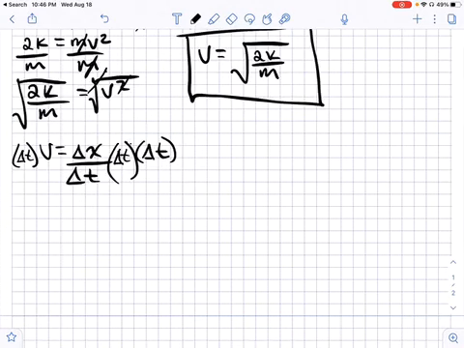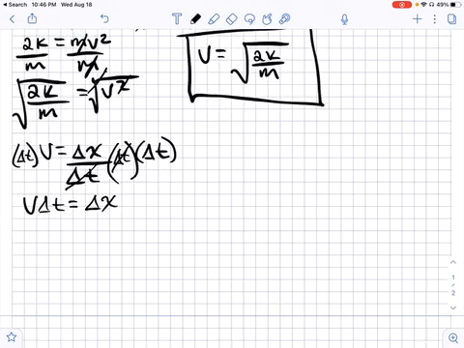So we can cross out the delta t's on the right side, and let's rewrite it. v times delta t is equal to delta x. Now on the left, we have v multiplied by delta t.